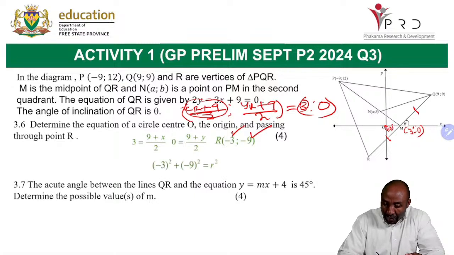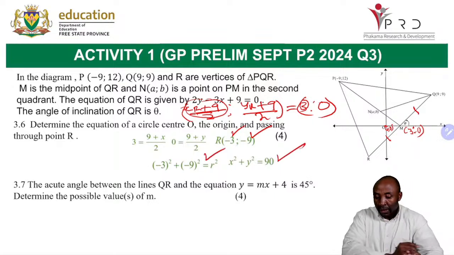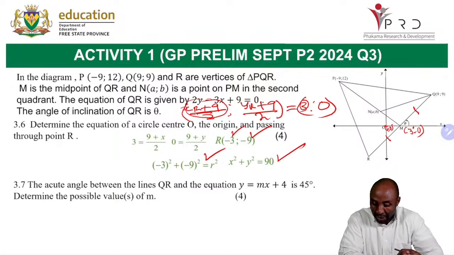From there on, we are using the equation of a circle, x squared plus y squared is equal to r squared, because our center is at the origin. We then substitute the coordinates of R into the equation and we get our r squared as 90, and our equation becomes x squared plus y squared is equal to 90.